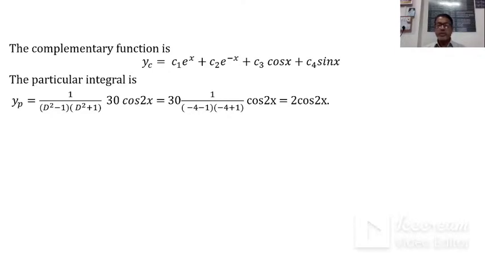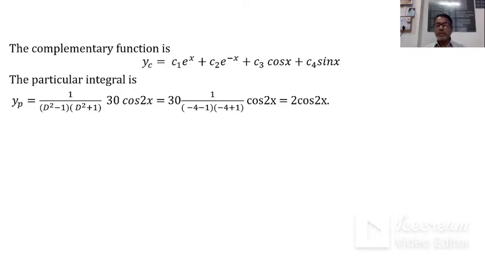We get 30 upon (minus 4 minus 1)(minus 4 plus 1) cos 2x. After simplification, this is minus 5 into minus 3 is 15 and numerator is 30. Therefore, we obtain 2 cos 2x.